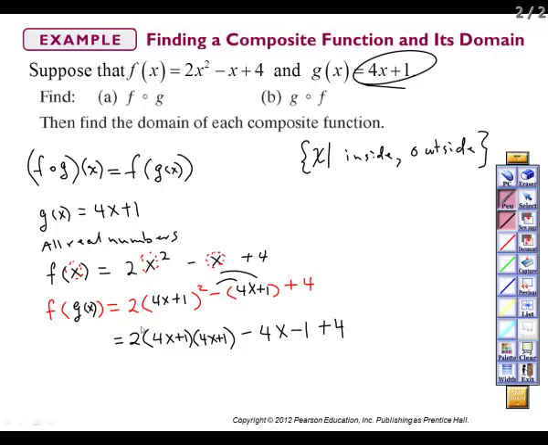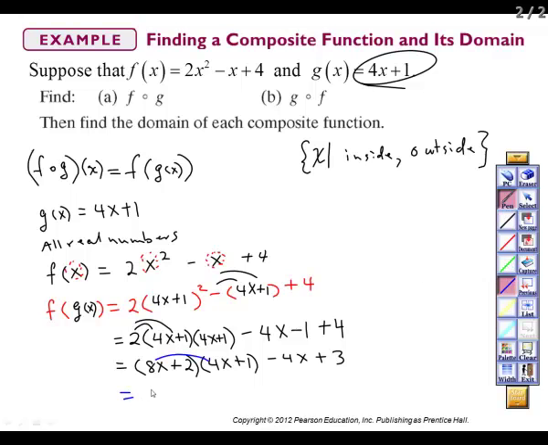Now what I like to do at this point is go ahead and distribute that 2 into that first factor. And so that'll be 8x plus 2 parentheses 4x plus 1. And so this, again, will be minus 4x plus 3. And now we will FOIL.